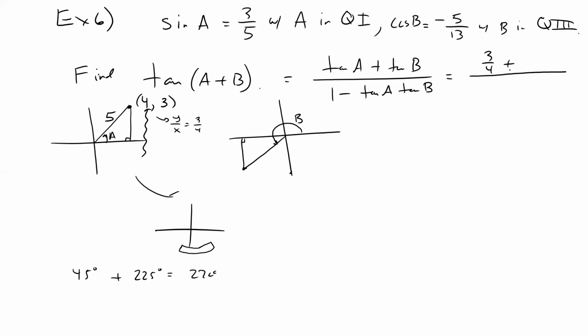Done. Going back over here, this guy is in quadrant 3. The x value has to be negative because 13 is always going to be positive. It's the distance from the origin to the point. Anybody know what y is?